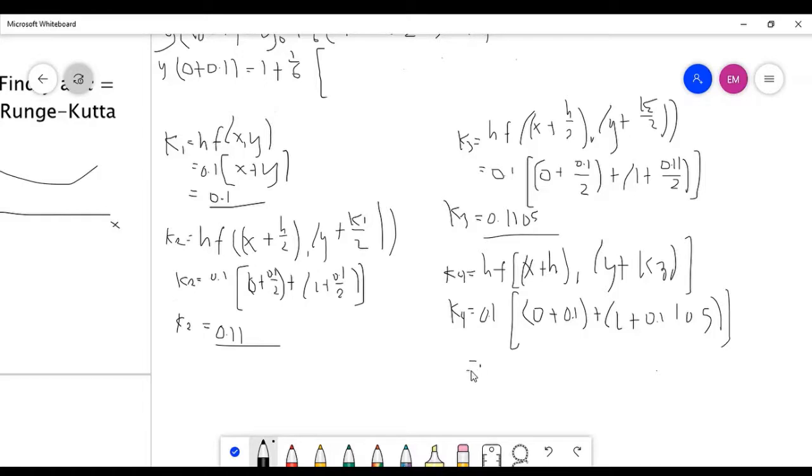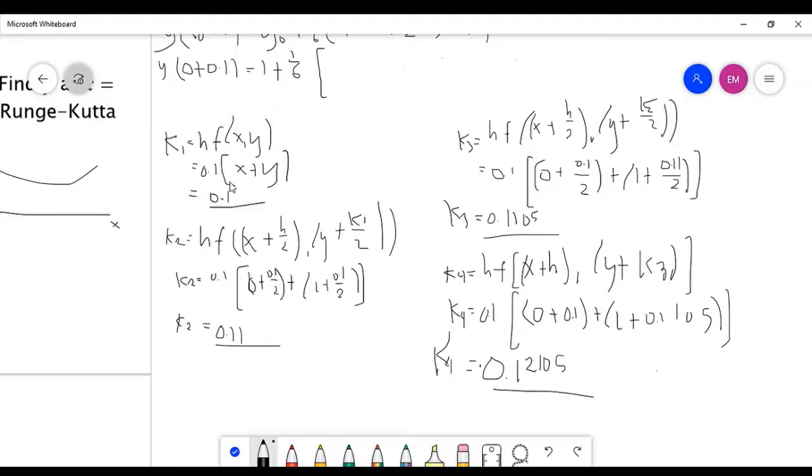And then calculate. We have 0.1 plus 1 plus 0.1105. This is to be multiplied by 0.1. So your K4 is 0.12105.